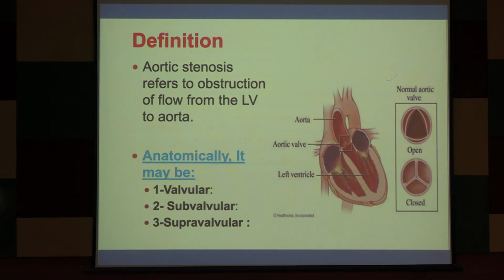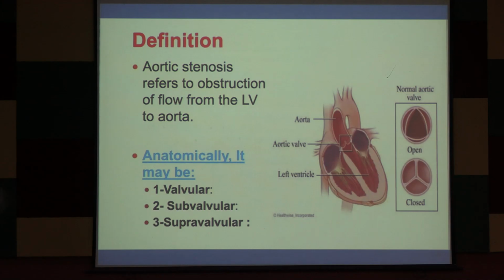Aortic stenosis means an obstruction to the blood flow from the left ventricle to the aorta. An obstruction is a result of stenosis, that means narrowing of the valve leaflets or valve orifice area. Anatomically, it may be valvular, supravalvular, or subvalvular.